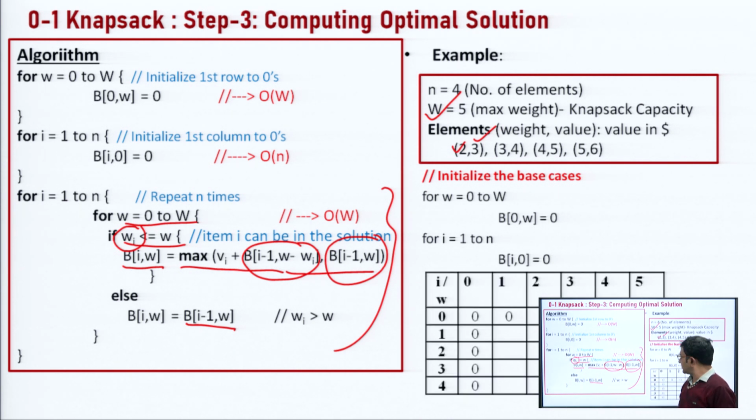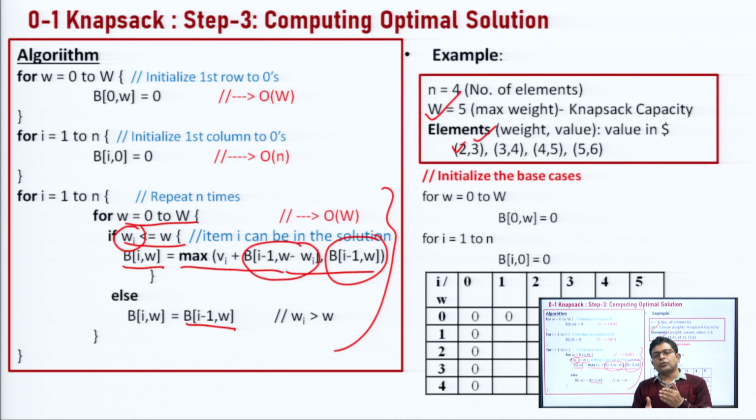So, this is the matrix. Just see this matrix here, W varies from 0 to capital W. What is the value of capital W? 5. So, 0 1 2 3 4 5, that is 6 blocks. On the row side, since there are 4 items, there will be 0 to 4, that is 5 rows in this matrix.